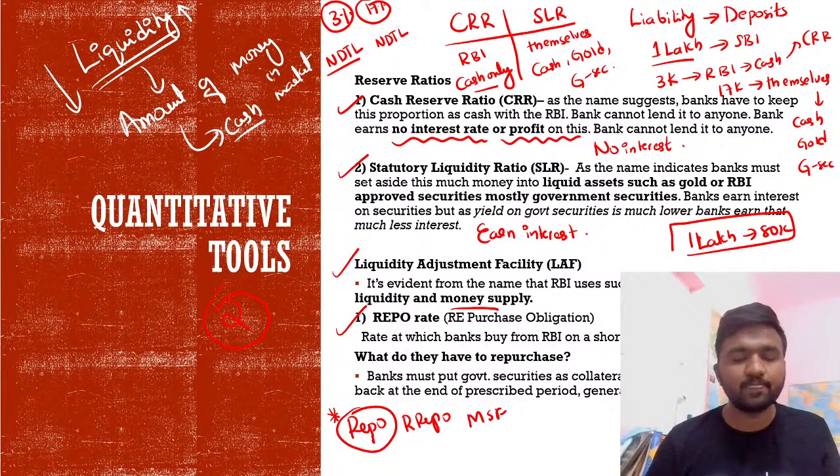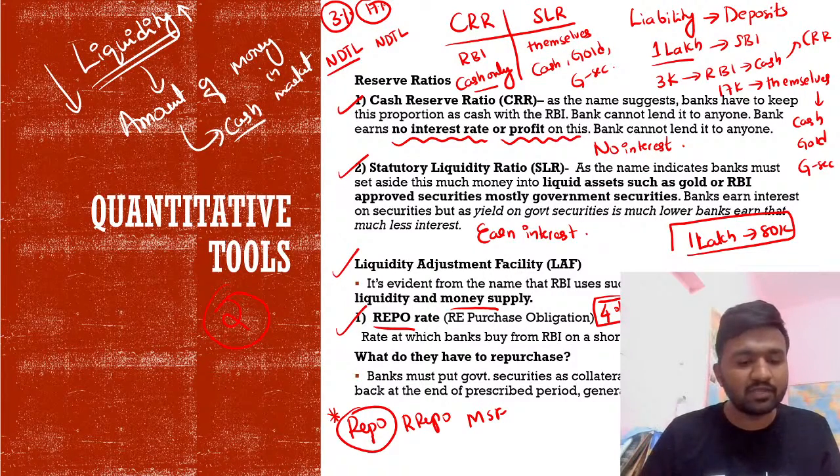What is repo? If banks need a loan, they will go to RBI to borrow. And the interest rate they have to pay to RBI is called the repo rate. The present repo rate announced by our RBI governor Shaktikanta Das is 4%.